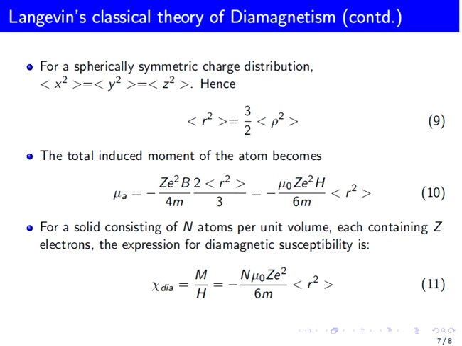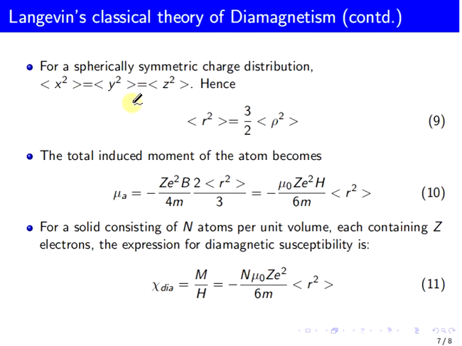We consider spherically symmetric charge distributions, so x squared should be equal to y squared, and also equal to z squared. Since rho squared is equal to x squared plus y squared, the expectation of r squared will be 3 by 2 into rho squared. Since x squared plus y squared is rho squared, and this is also equal to z squared, we are adding 1 by 2 rho squared three times. So that is 3 by 2 rho squared.